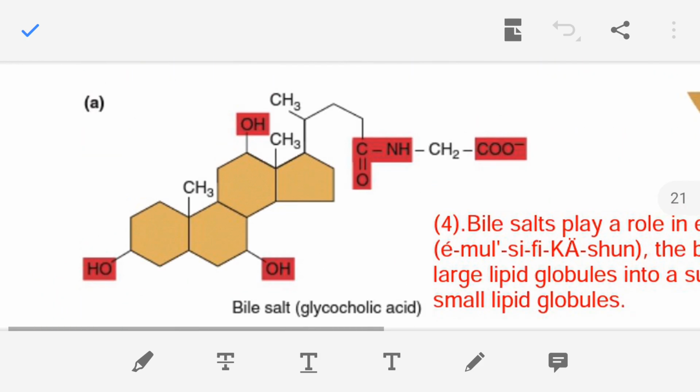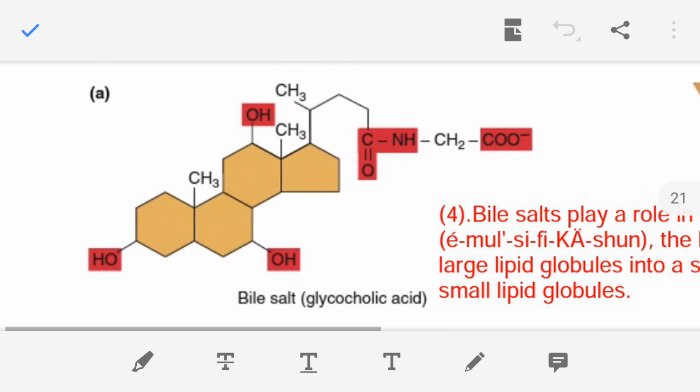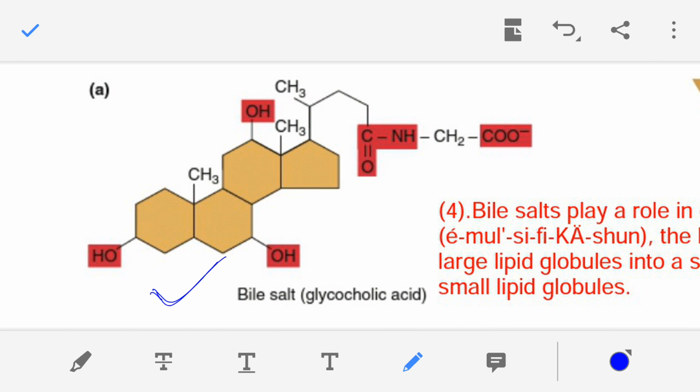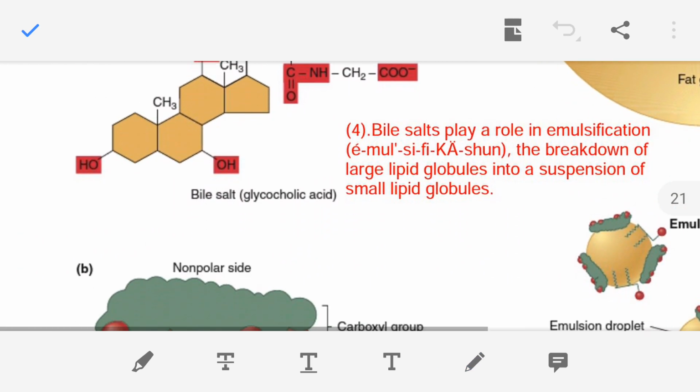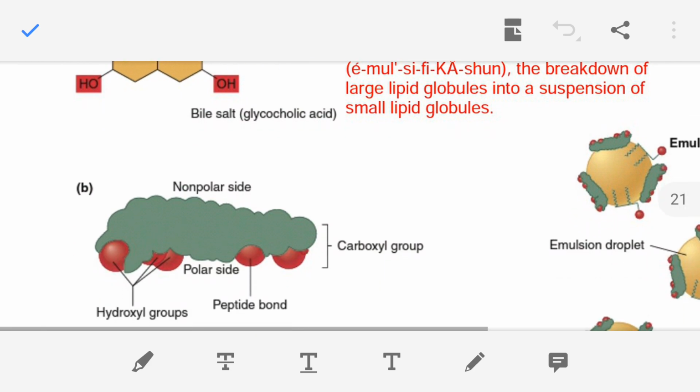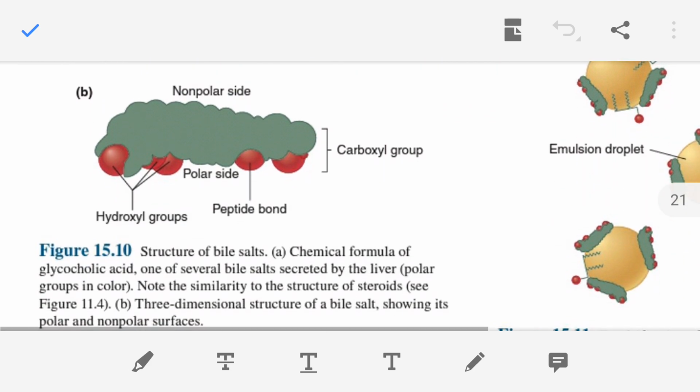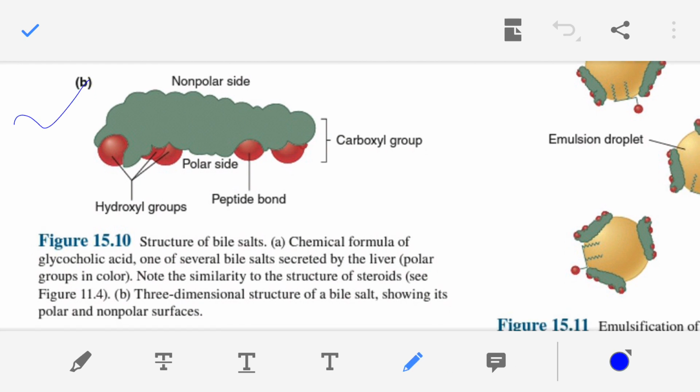So you see, this is the structure of glycocholic acid, and it is one of the bile salts. Now the same bile salt, glycocholic acid, is shown over here. But what is this figure B? Figure B is the three-dimensional structure of a bile salt, showing its polar and non-polar surface.